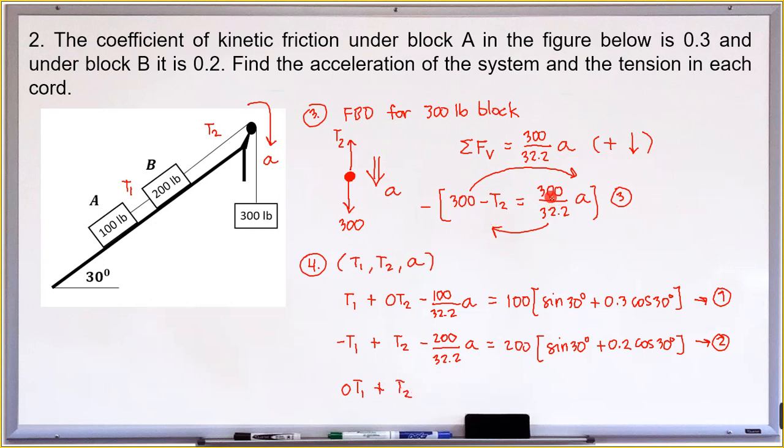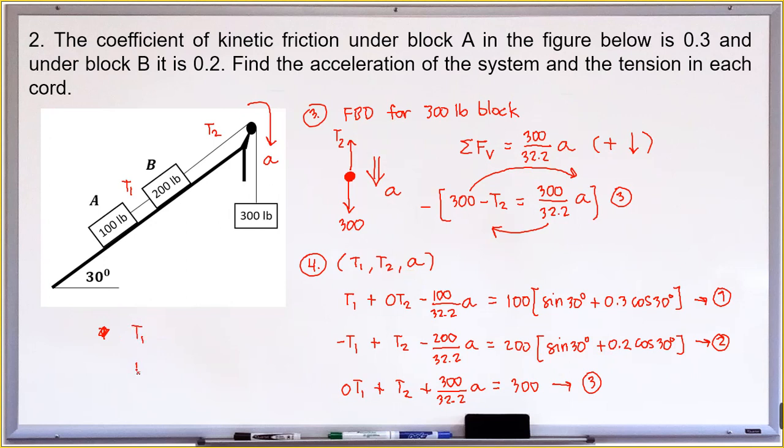Then, if we transpose this one, negative times negative, so positive, plus 300 all over 32.2 A is equal to, if we transpose this one to the other side, negative times negative, so positive, equal to 300. This is our third equation. So if we have three unknowns, T1, T2, and acceleration, and we also have three equations, then we can solve this using our calculator.